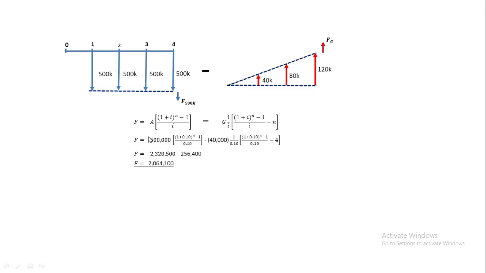So our A, our base amount, is 500,000. Our interest is 10 and our number of periods is 4. Then our G, the amount that was constantly deducted each year, is 40,000.